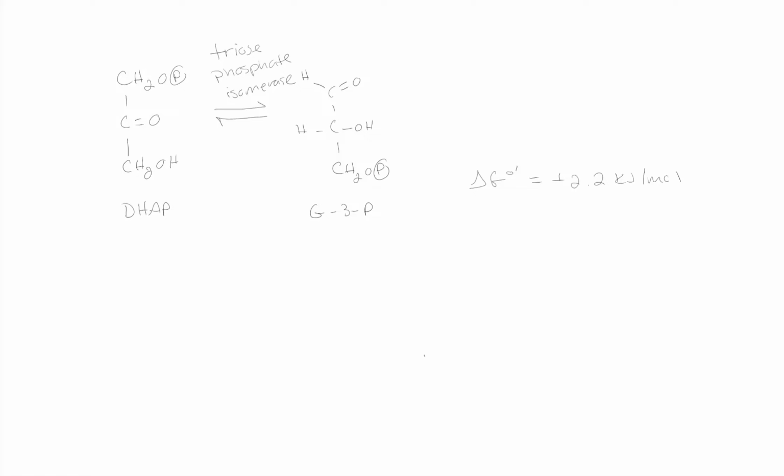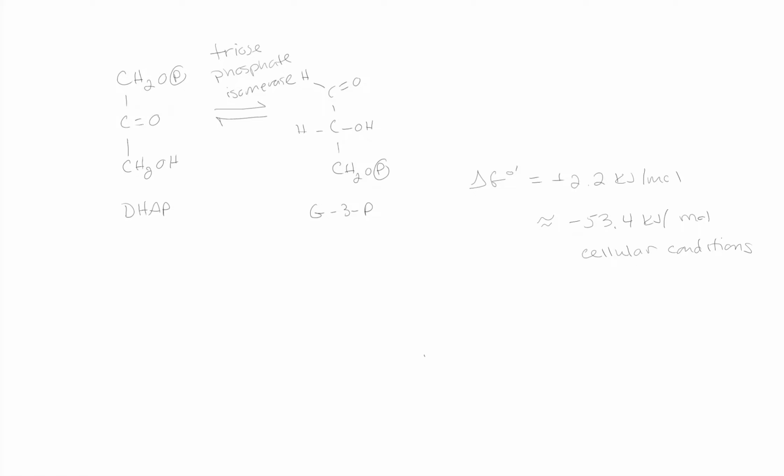Now, the net delta G under cellular conditions is quite negative. It's very favorable at negative 53.4. So make sure we keep those two values separated.